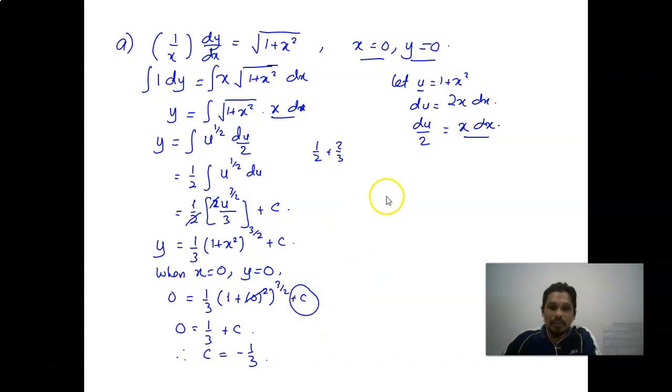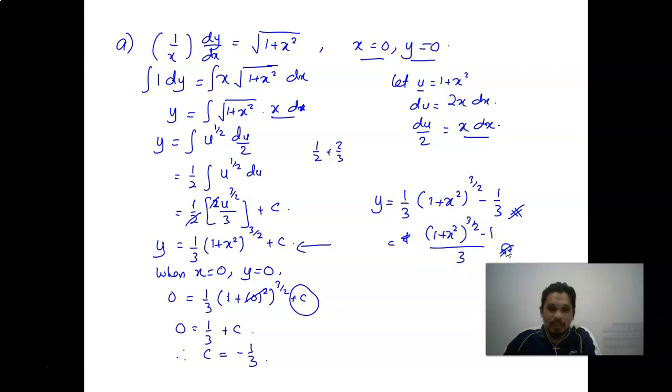Getting back to the equation, y equal to 1 over 3 times 1 plus x squared to the power of 3 over 2 minus 1 over 3. I think this is more than enough. Even though we can simplify it over 3, as 1 plus x squared to the power of 3 over 2 minus 1, divided by 3, it's still the same.